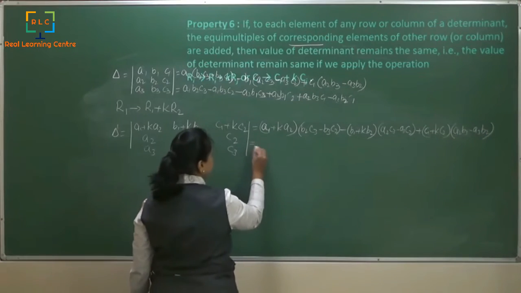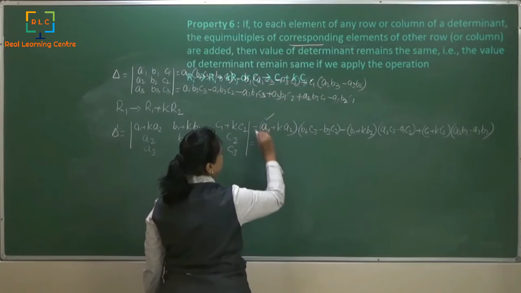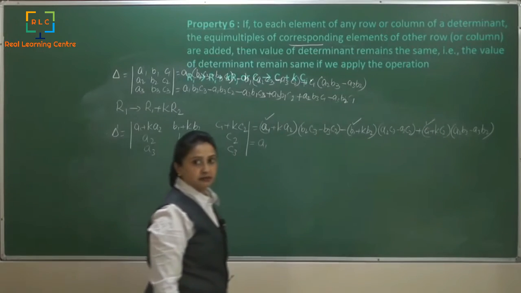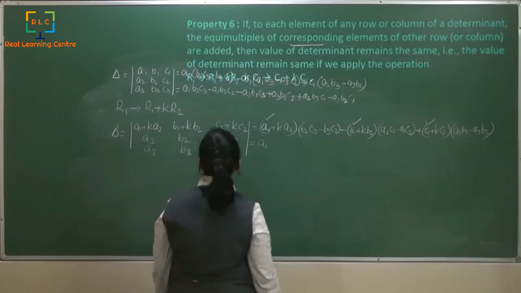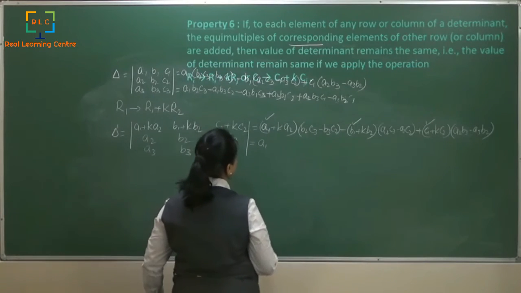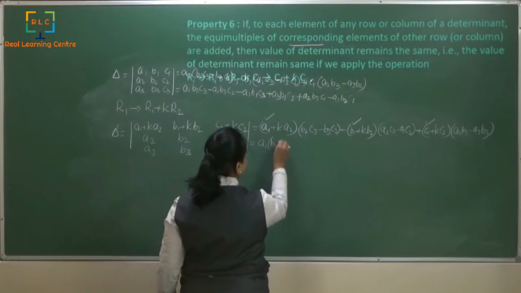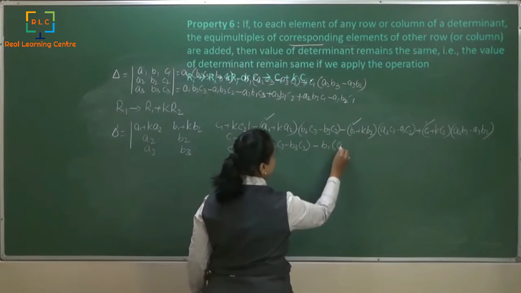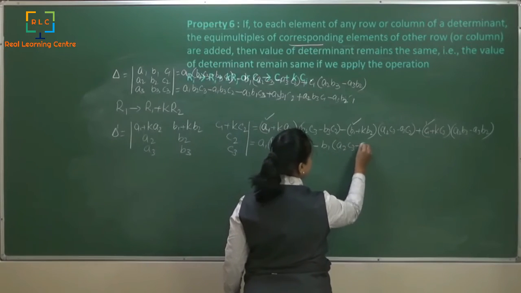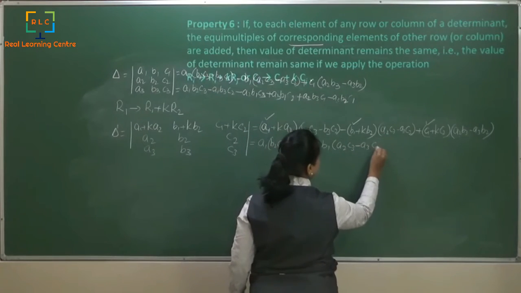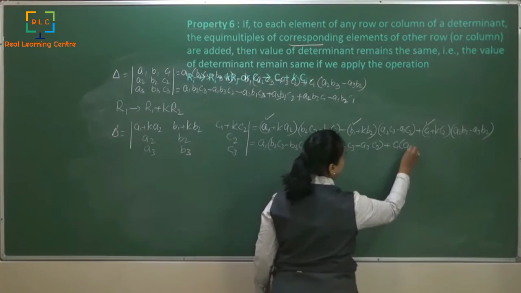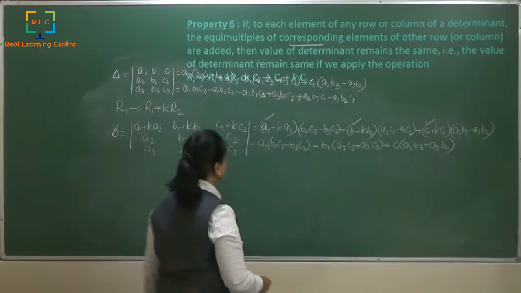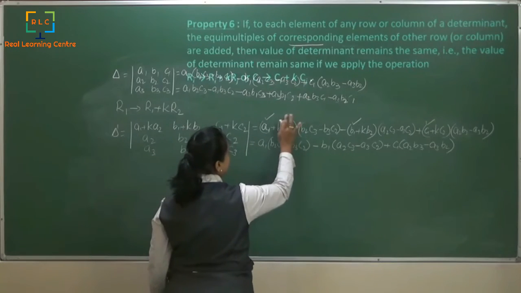Now I shall take A1, then B1, then C1 and write, we had used this before also. So I shall write A1 into B2 C3 minus B3 C2, minus B1 into A2 C3 minus A3 C2, plus C1 into A2 B3 minus A3 B2. Now I shall continue with this KA2.